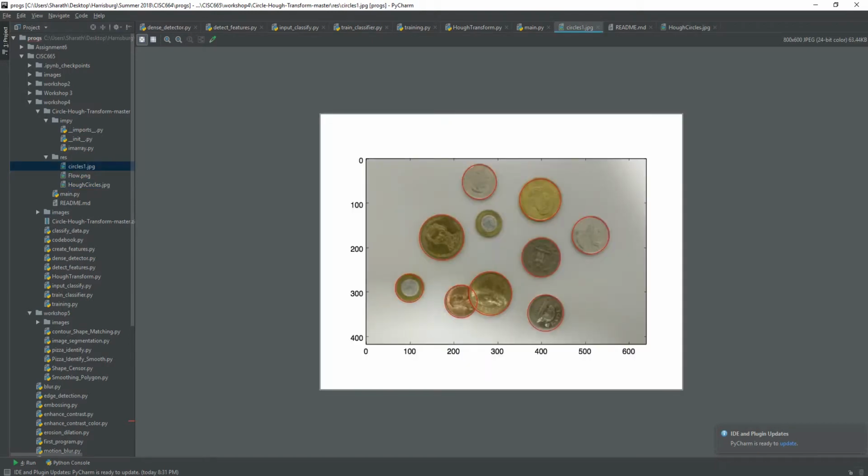It recognizes the outline of each and every circle. Similarly, if you present an image of a retina, it will identify what is the pupil, what is the iris space, and so on and so forth.